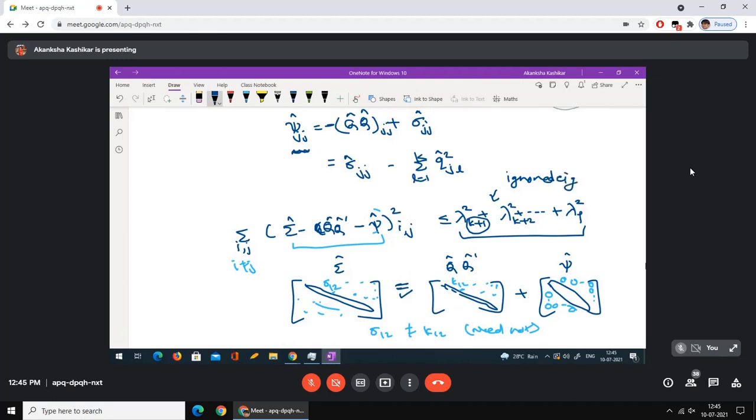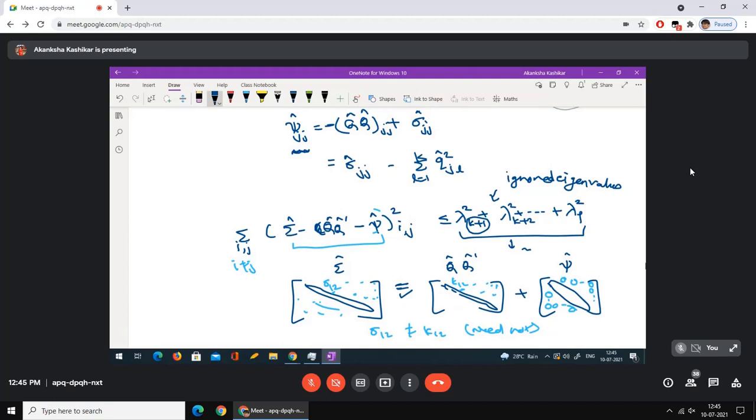So it means that if my eigenvalues k plus 1, k plus 2, etc. up to pth eigenvalues are very small in magnitude, then this quantity will be small, which would mean that the error would also be small.